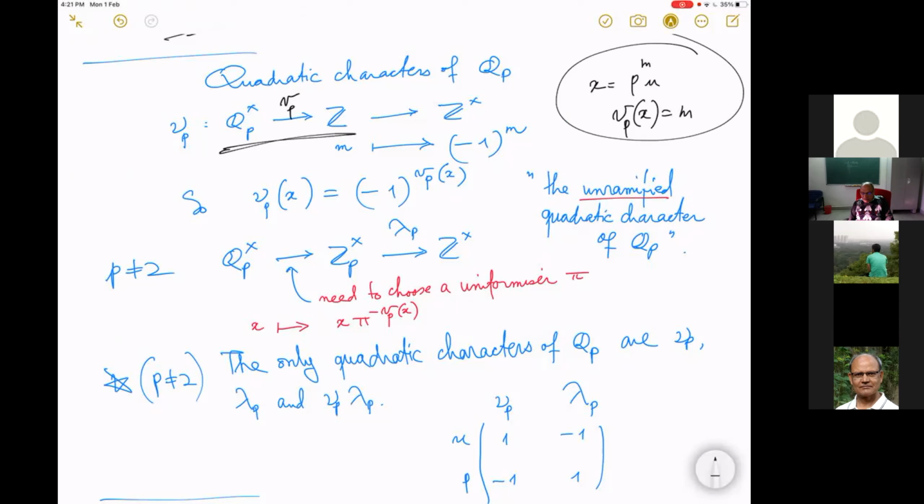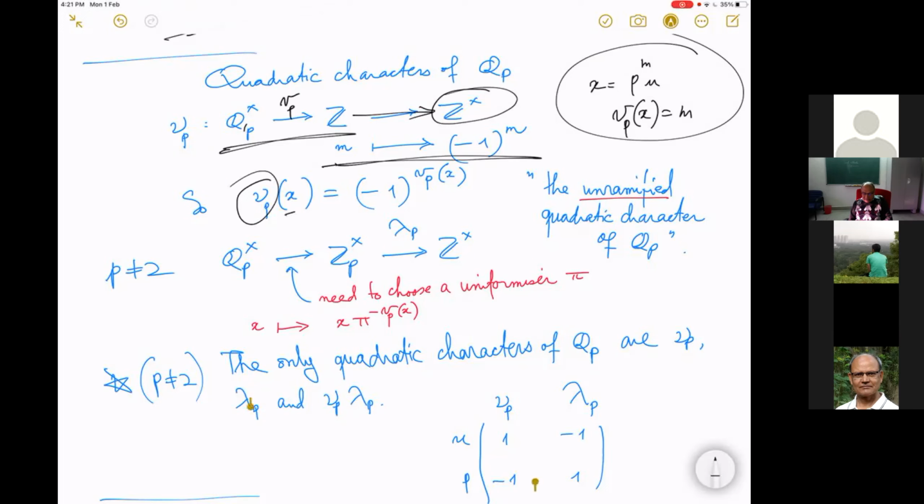And of course, from Z, you have this map from Z to Z star, the unique quadratic character of Z, so to speak. It sends m to -1 to the power m, right? So I can compose this vp with this quadratic character to get a quadratic character nu p of Qp star.